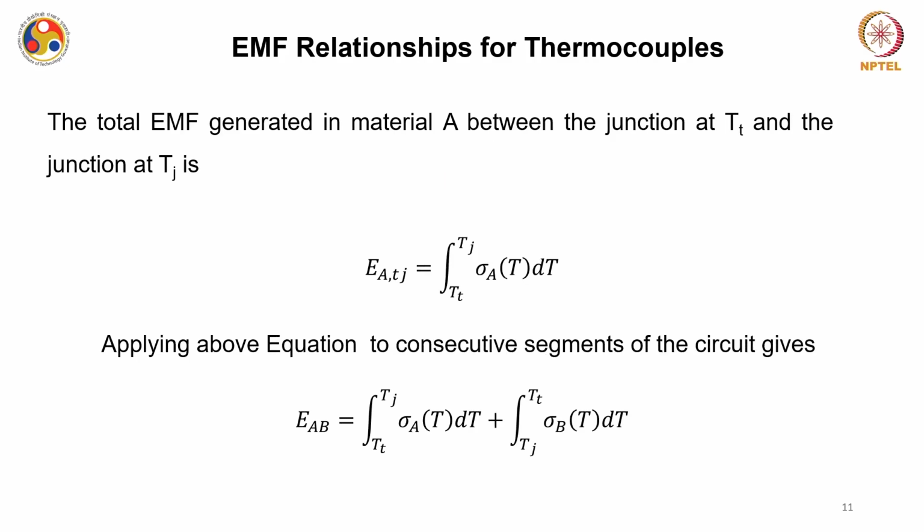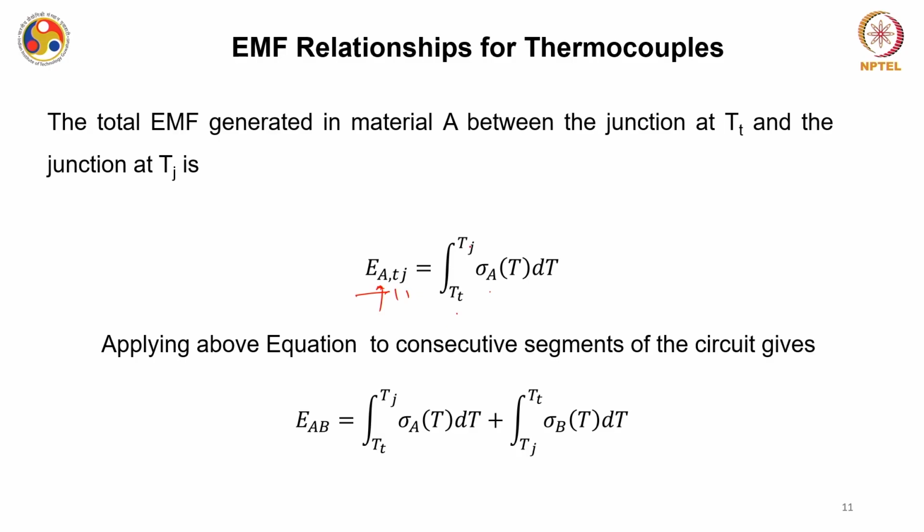Now the total EMF generated in material A between the junction at Tt and Tj can be given as E_A,TJ. I am using this subscript A to denote material A, and then I am using T and J because this is between junction Tt and junction Tj. Now if I integrate it, what I will get is the integral of sigma_A(T) dT from Tt to Tj.